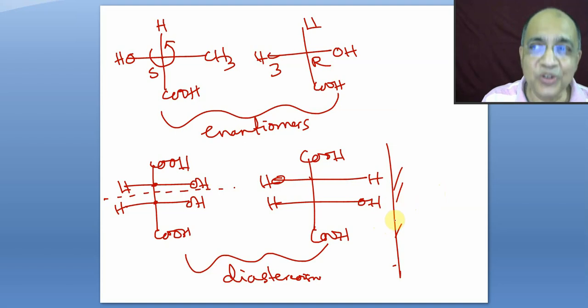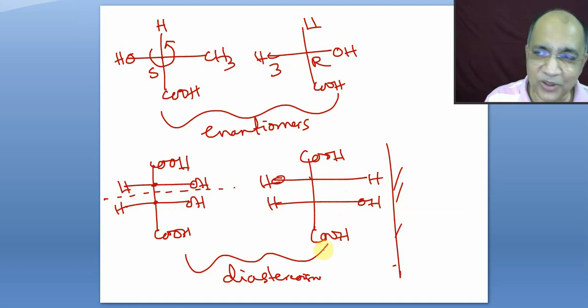That is enantioselective. So, stereoselectivity has two aspects, enantioselective and diastereoselective.